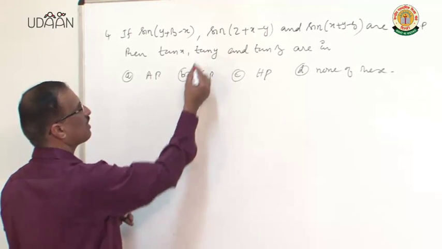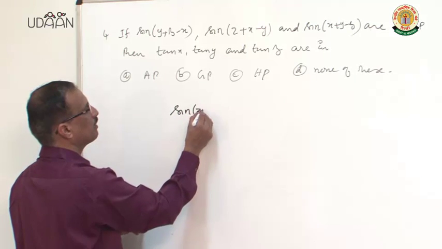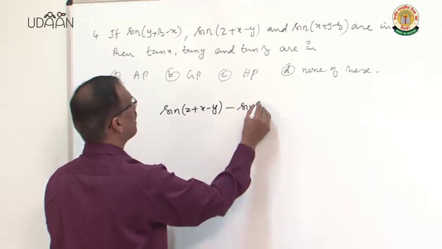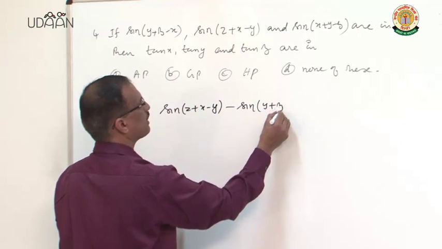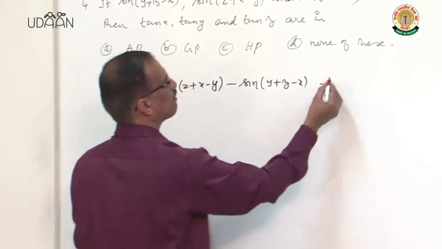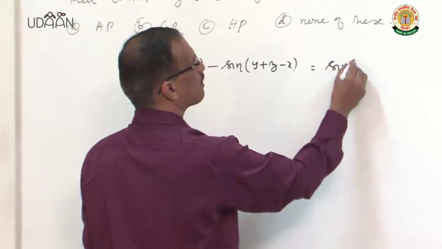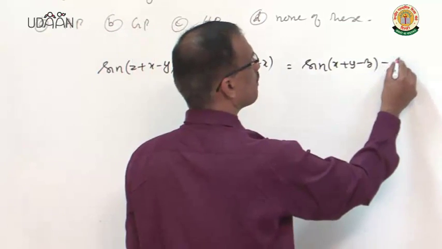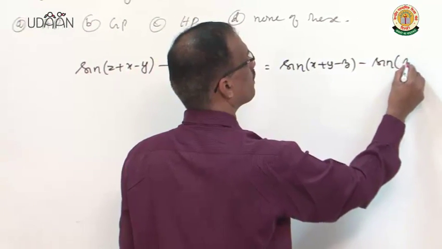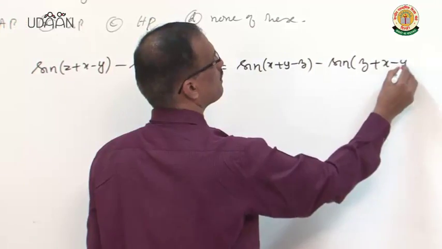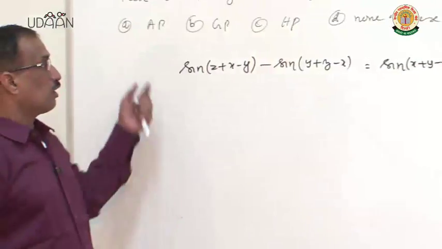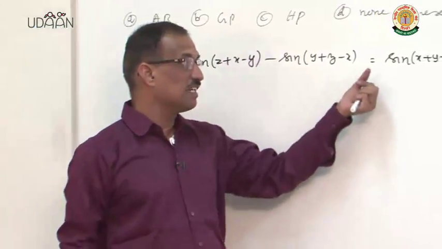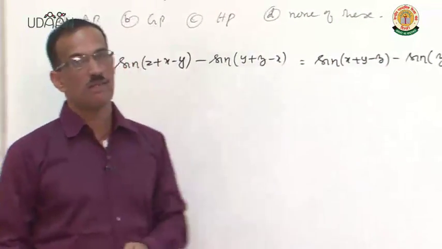So we get here sin of z plus x minus y minus sin of y plus z minus x must be equal to sin of x plus y minus z minus sin of z plus x minus y. If A, B, C are in AP, then B minus A equals C minus B, that formula.